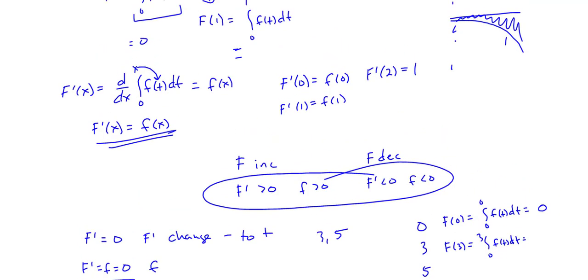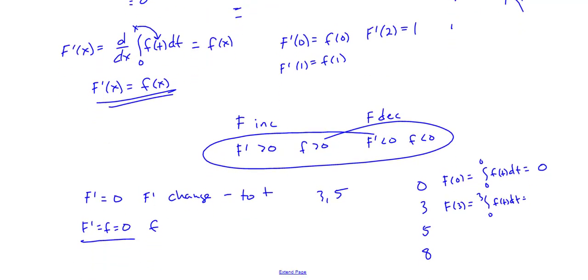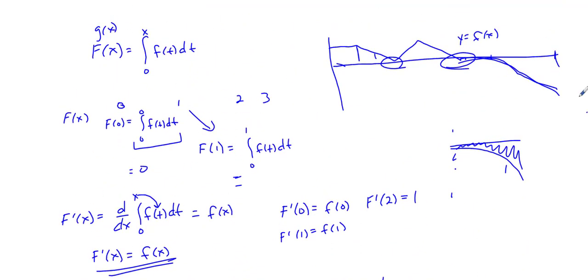And where should the max be? If capital F is the accumulation of area, where should the maximum be? If you start here at 0, you haven't accumulated any area, correct?